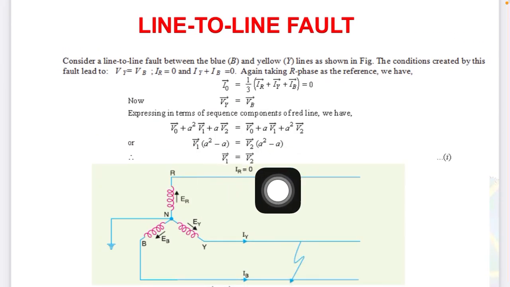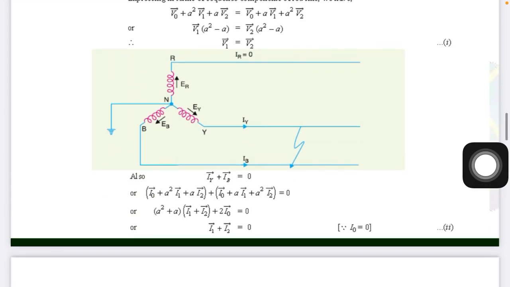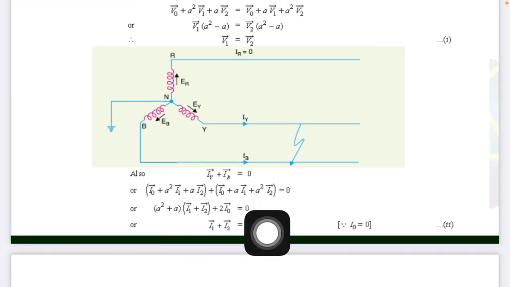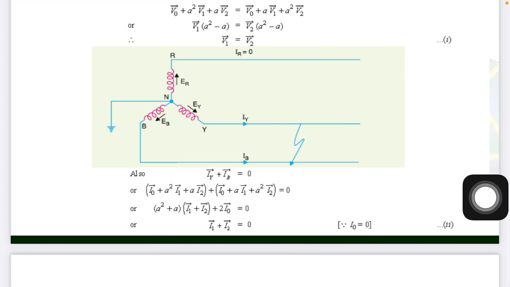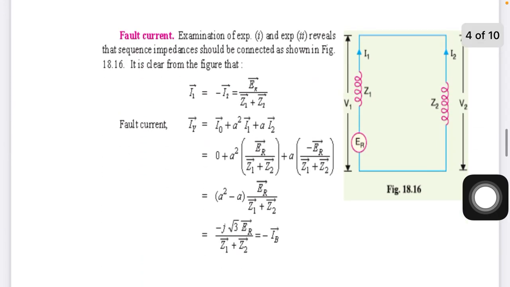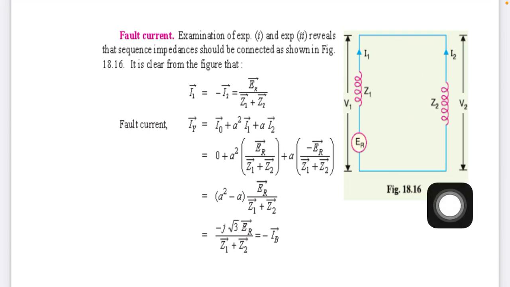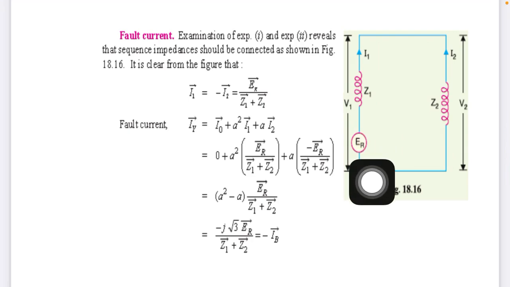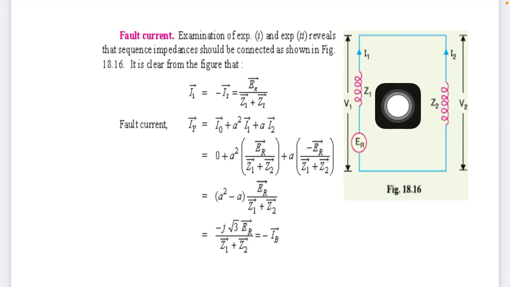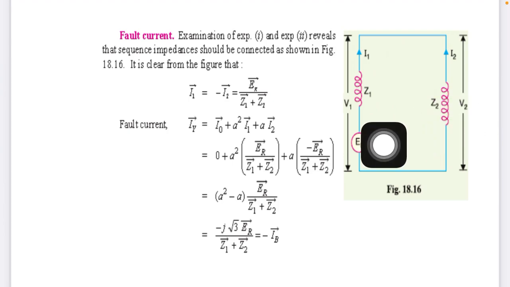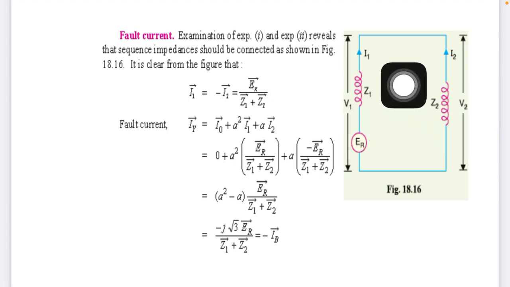So these are the conditions for a line to line fault: the voltages V1 is equal to V2, and the current from the healthy phase IR is equal to 0. For example, we can consider this with an equivalent circuit. Here V1 is the voltage ER with impedance Z1, and the current flowing is I1.